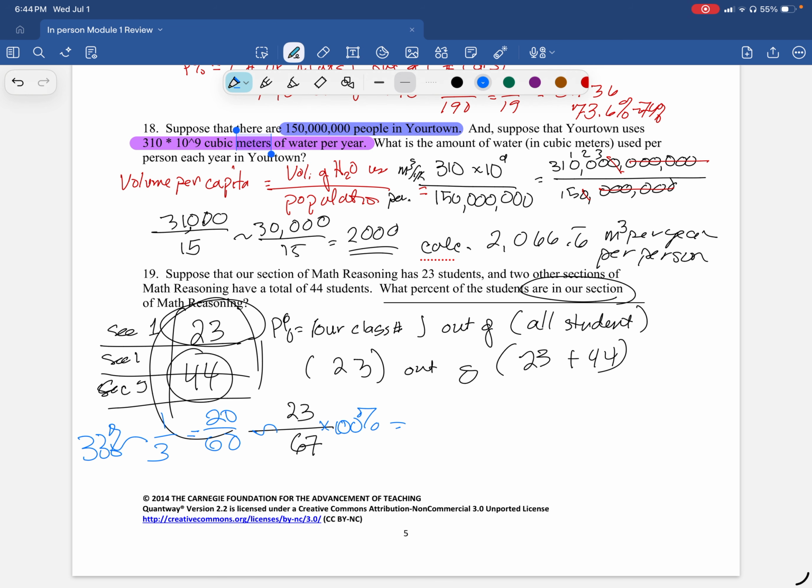So I have 23 divided by 67 times 100, and I get 34.32%. And depending on rounding, this will round down, so 34% of students in math reasoning are in our section.